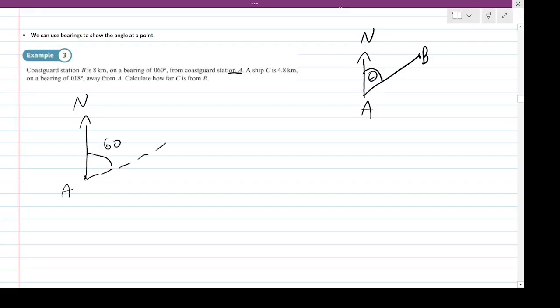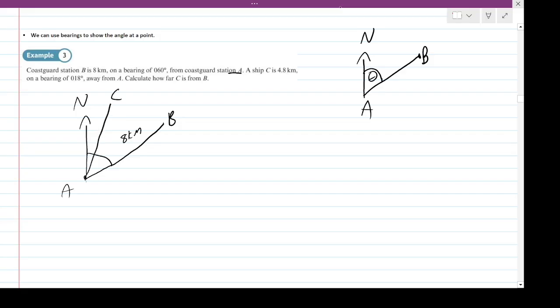So then we can simply continue this line, and that'll be the point B there when it's reached 8 kilometres. Okay, cool. So that's where B is. Now C is a bearing of 18 degrees, again from the same north direction, upwards. 18 is probably going to be about maybe there.